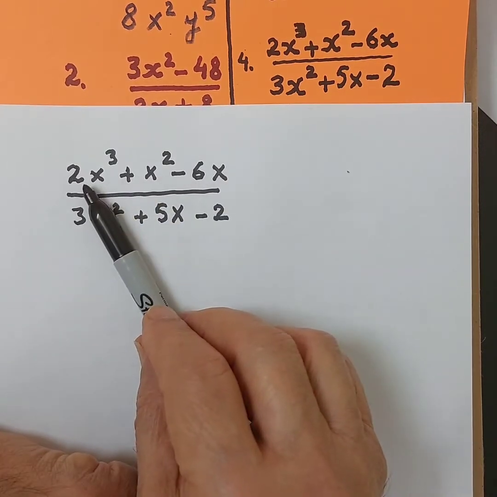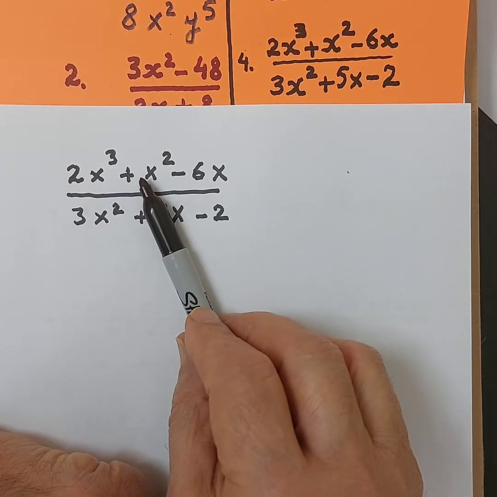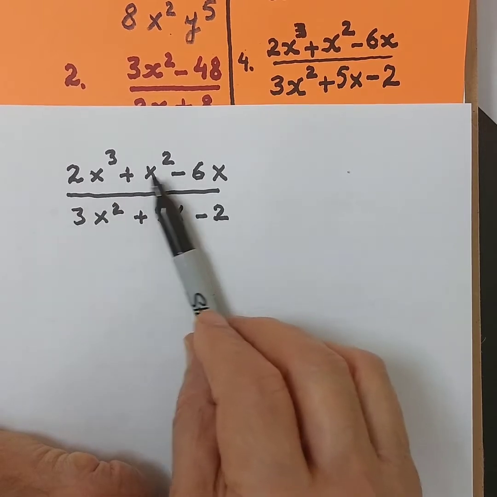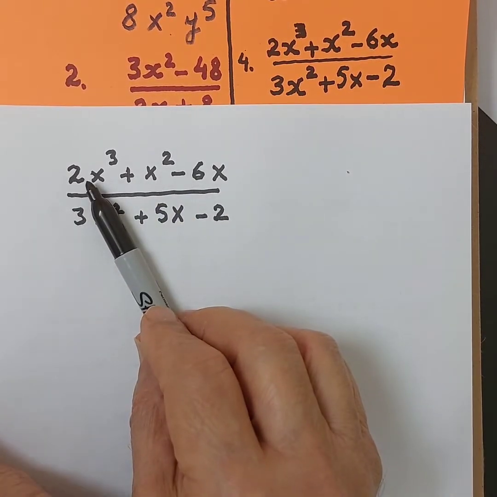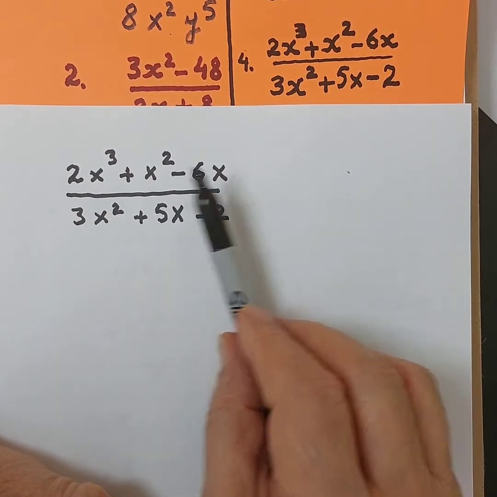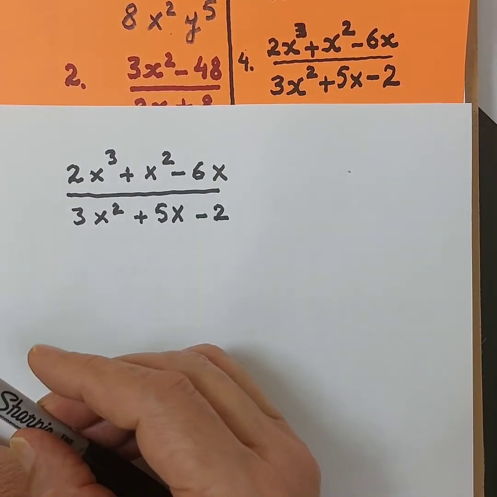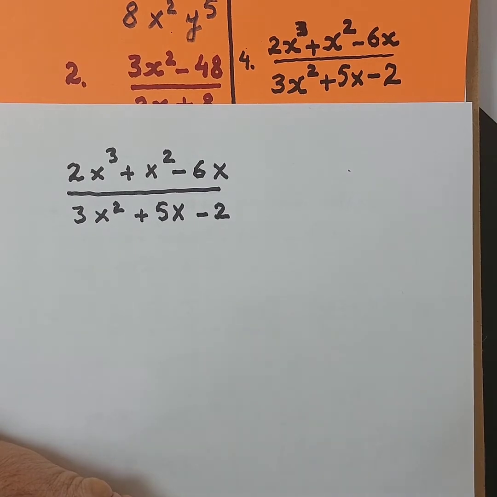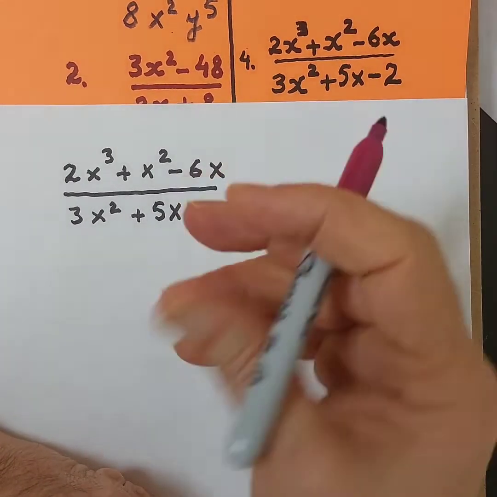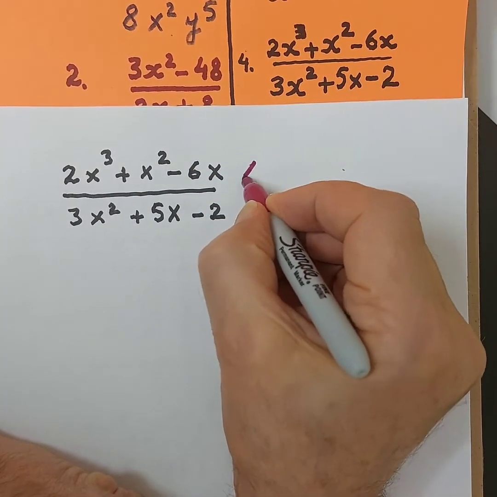There is a common factor, the variable x. There is x cubed and x squared and x, so there is 1x common between them. We start with taking x out and leave the rest in a bracket.